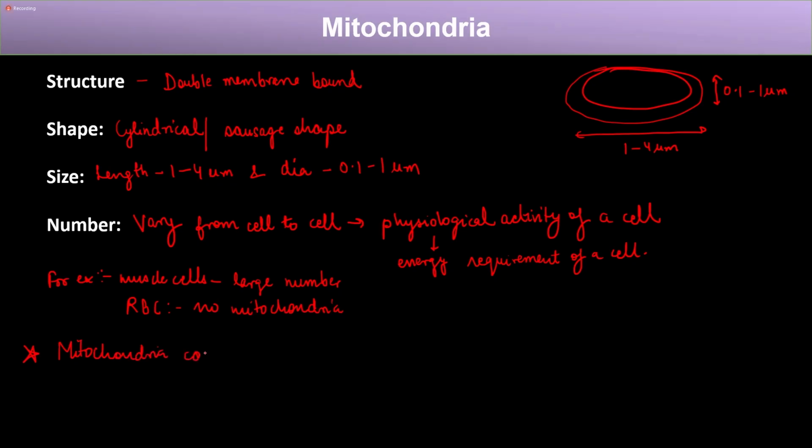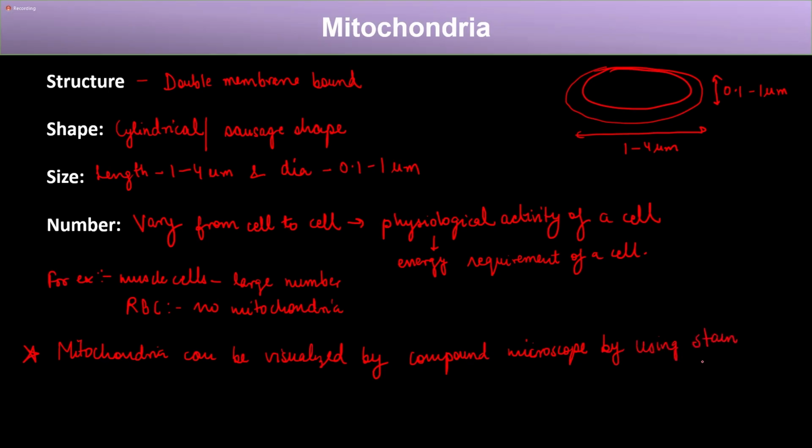Mitochondria can be visualized by compound microscope, but they cannot be seen without staining because these are colorless.